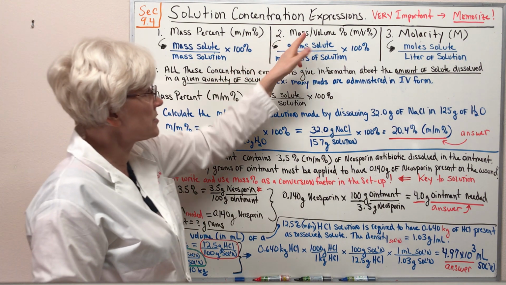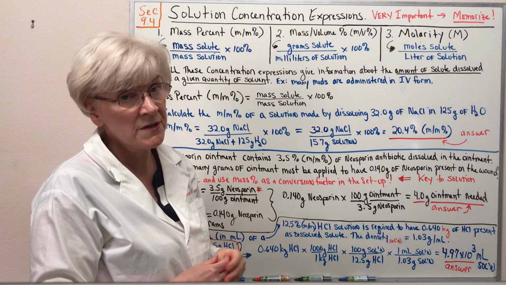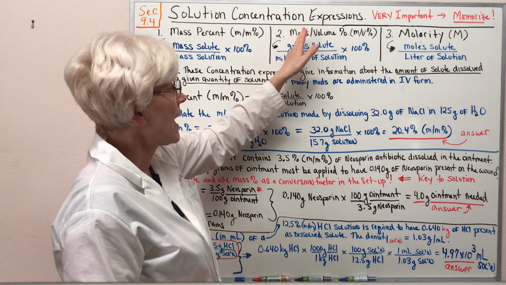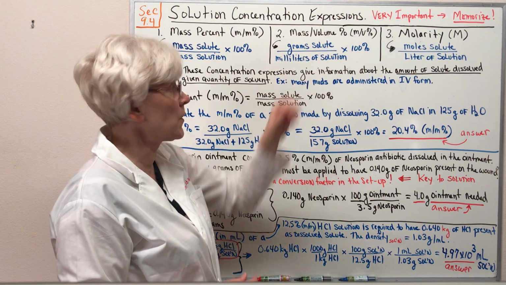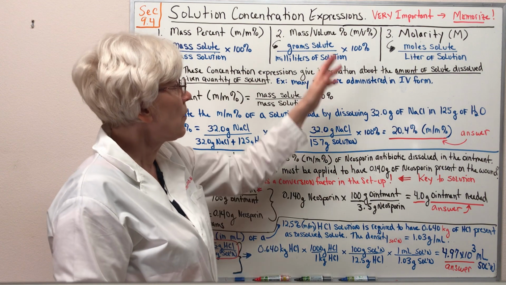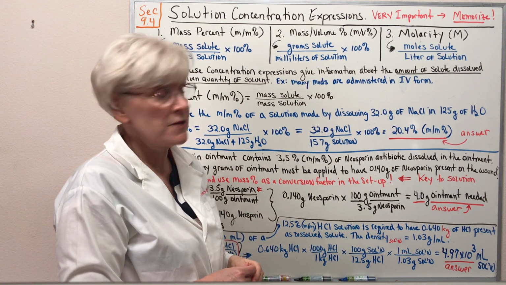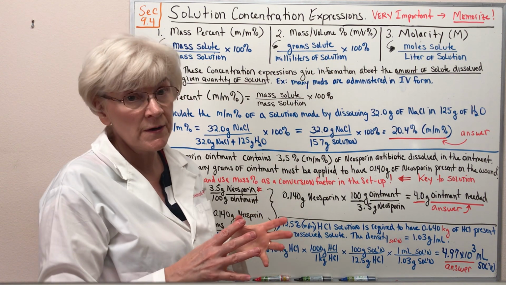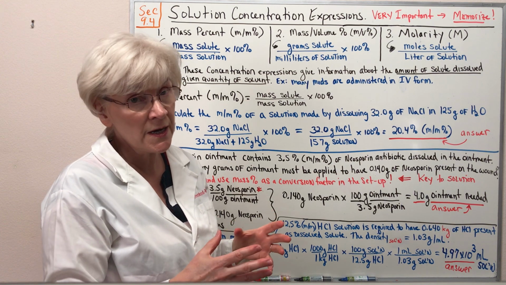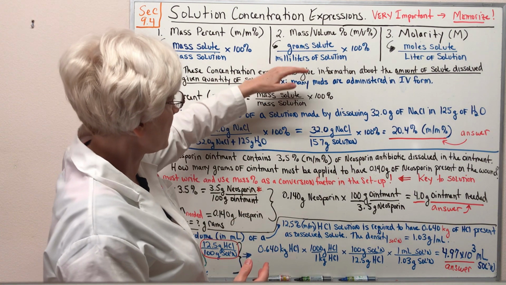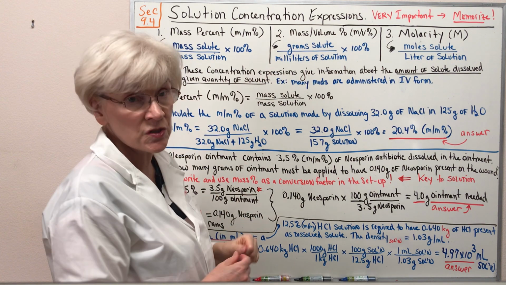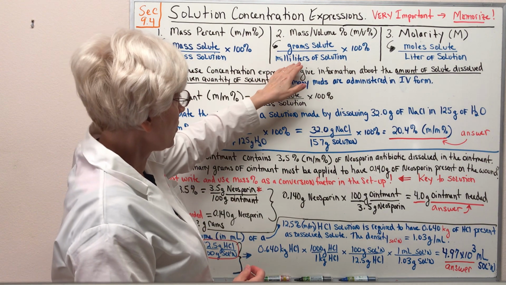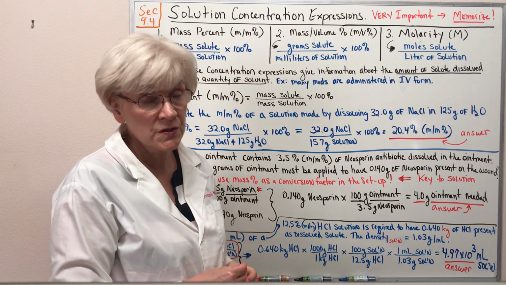The second concentration expression that you need to be familiar with is known as mass/volume percent, or M/V percent. This has a very important application in healthcare because the expression refers to grams of solute over total milliliters of solution.